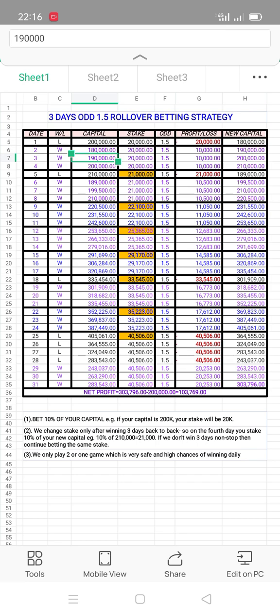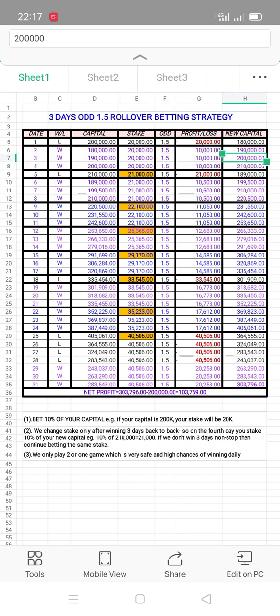Again, we go to the 3rd day. Now our capital was 190,000. We picked 20. We are still playing 20,000 until we win 3 days in a row or non-stop. That is what we call a rollover. So on day number 3, our capital was 190,000, the stake was 20 still, and our profit was 10.